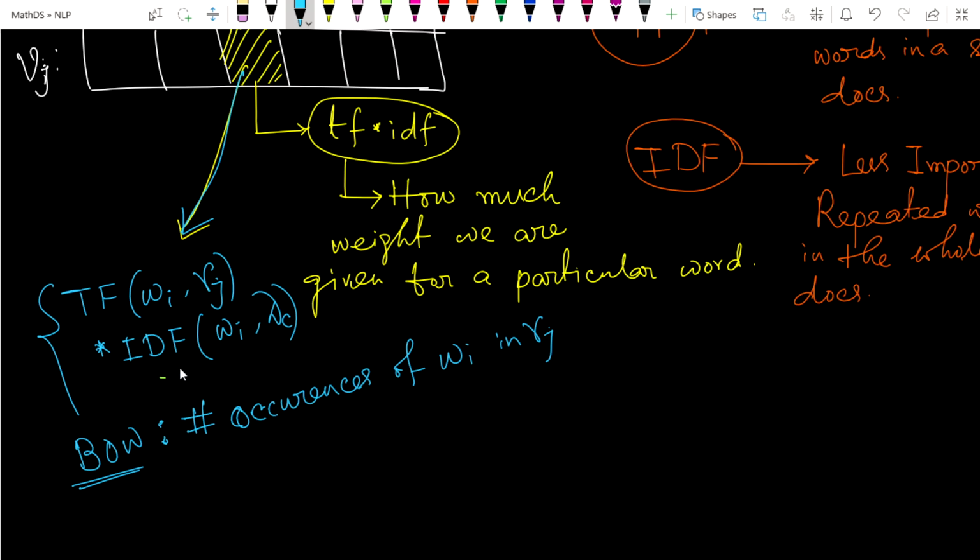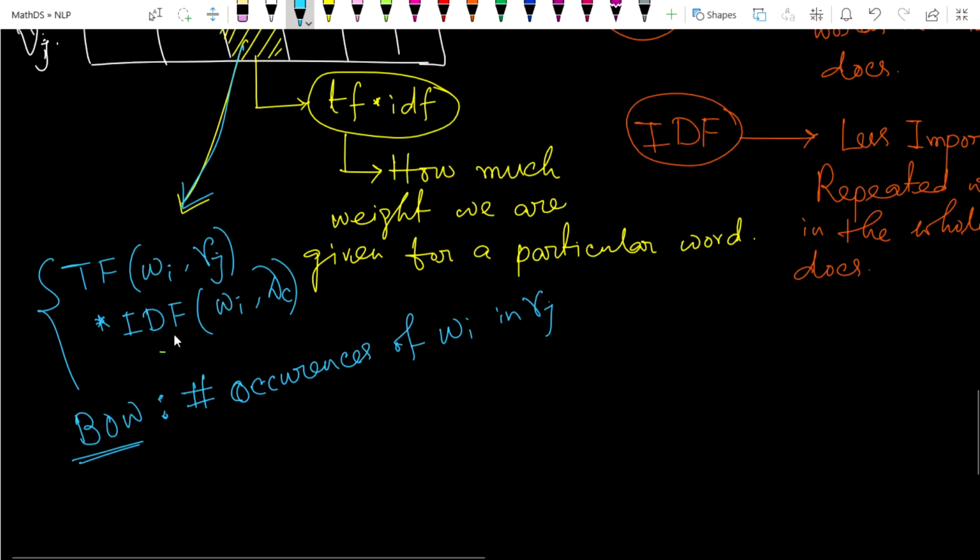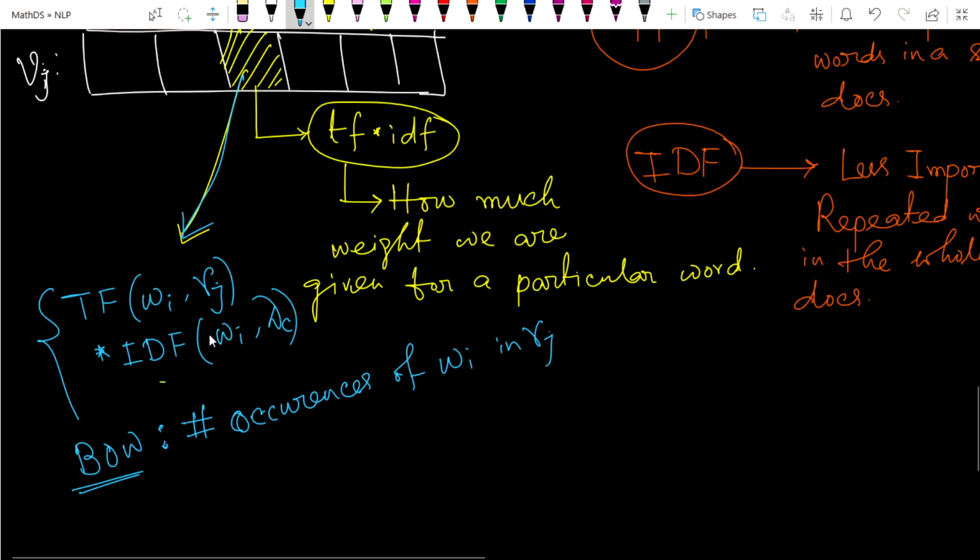But here, TF-IDF gives us importance. It is actually a probabilistic approach.